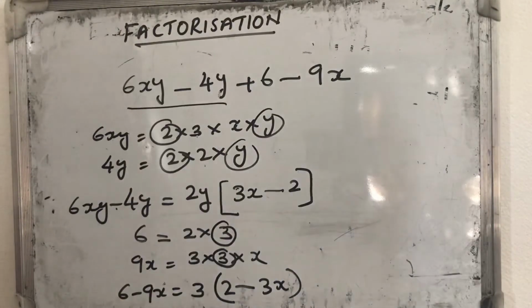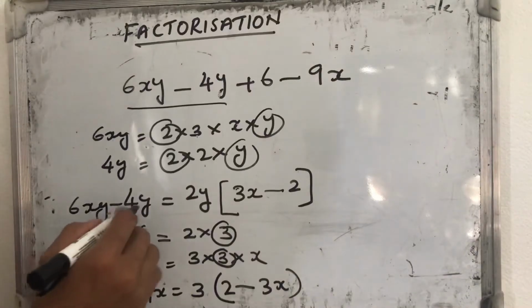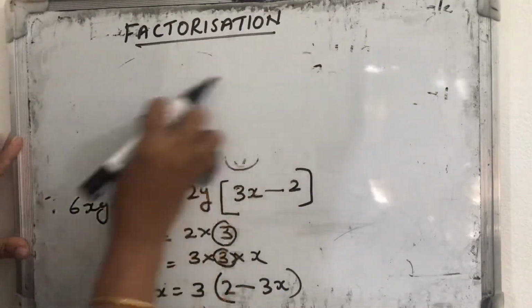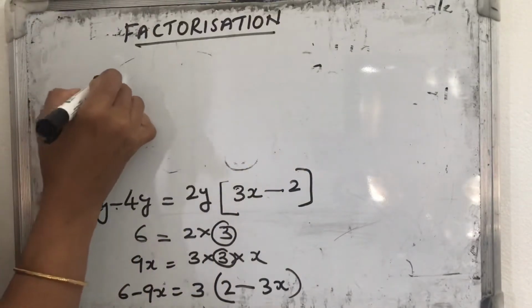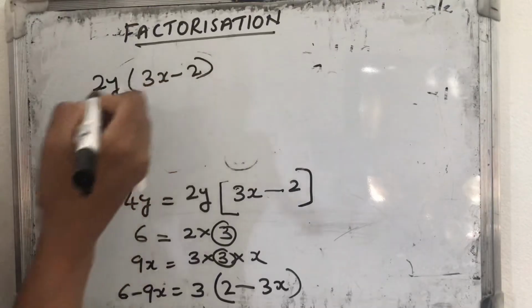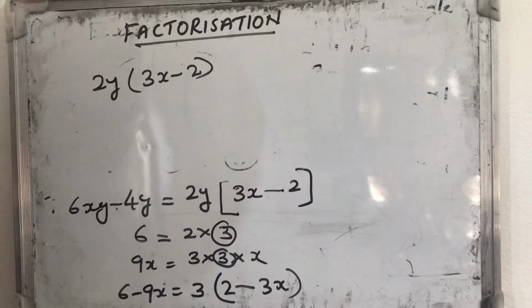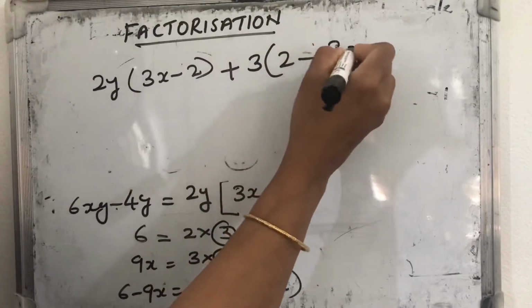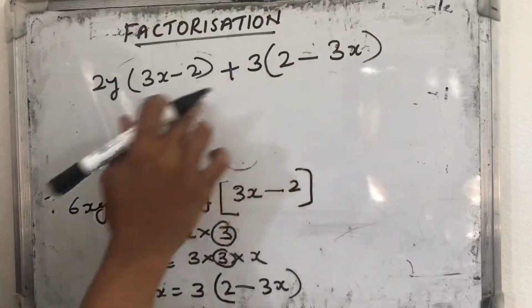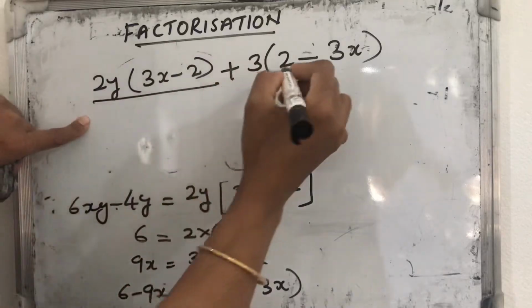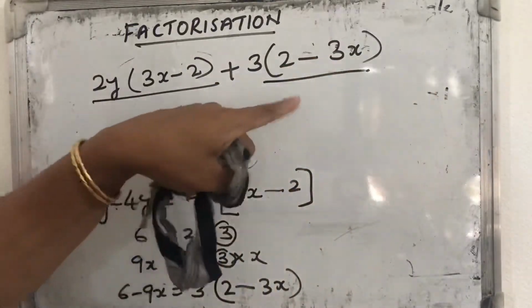Now in the first case we got 2y into 3x minus 2, and next we took plus 3 into 2 minus 3x. That is the first regrouping, and then the second two terms regrouped give this.